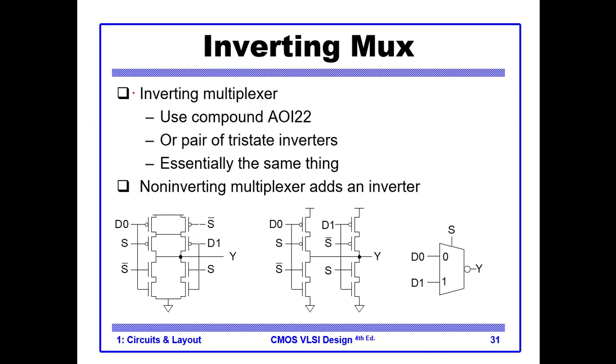An inverting mux uses one of the circuits, the AOI22, which was discussed in the previous slide. So it uses that compound gate, or you can use a pair of inverters. This is when you implement it with AOI22, and this is if you implement it with a pair of inverters.